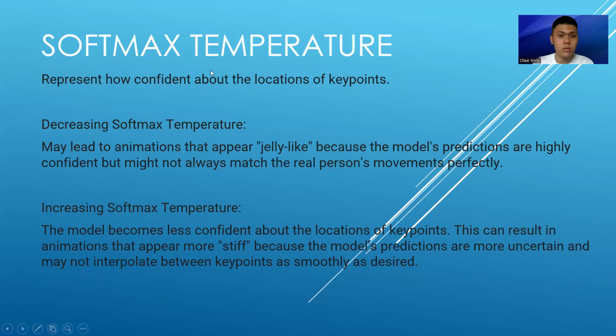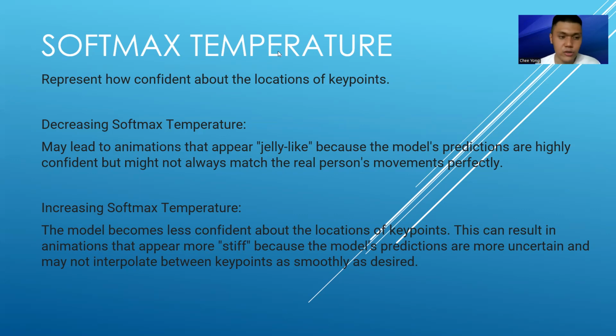So before going into the adjustment, I want to explain what softmax temperature is. This parameter represents how confident the model is about the location of key points. If we decrease the softmax temperature, the model becomes more confident about the location of key points, which may lead to animation that appears jelly-like, because the model's predictions are highly confident but may not always match the real person's movements perfectly.